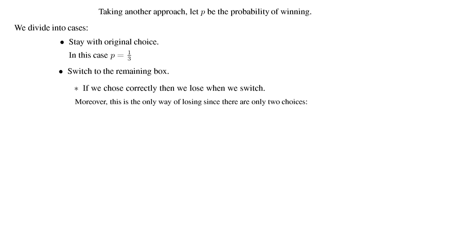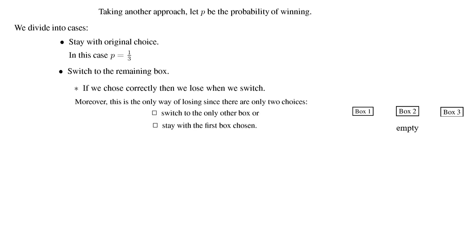You either stick with your original box, or you switch to the remaining box. If the original one had the prize, the one you switch to doesn't have the prize. That is the only way to lose. So the probability of losing is 1/3, and the probability of winning is then 2/3.